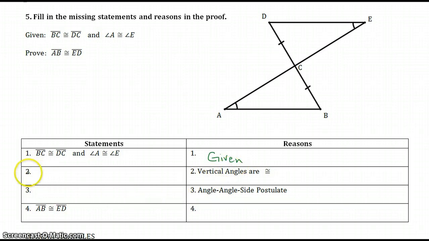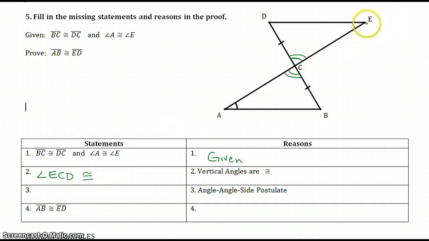So next, step 2, what statement would we say if the reason we're saying it is that vertical angles are congruent? Well, our vertical angles are here and here. Remember, vertical angles are straight across from each other. So we can say that angle ECD is congruent to angle.